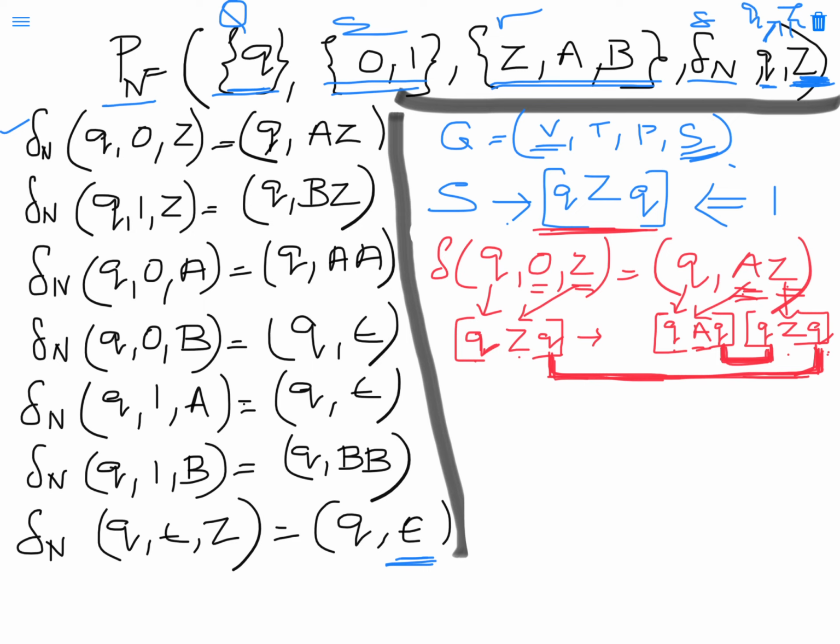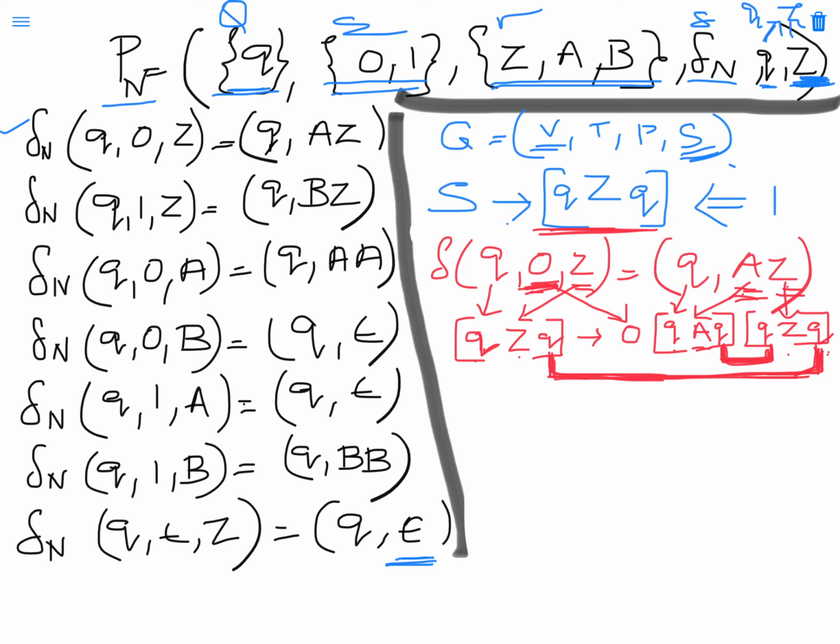Now one more thing is there: this operation will be done only if it reads the input 0 from the input tape. So in order to write that into a context free grammar, this 0 comes here. That is, the right hand side starts with a 0.